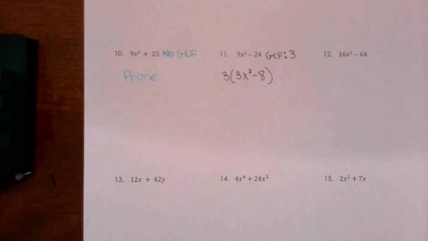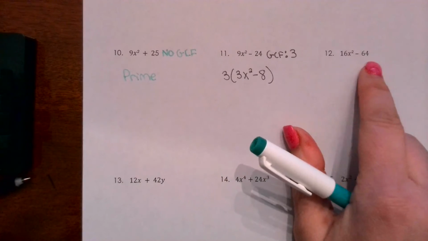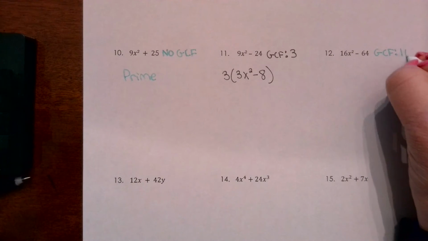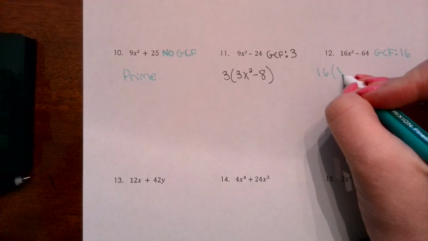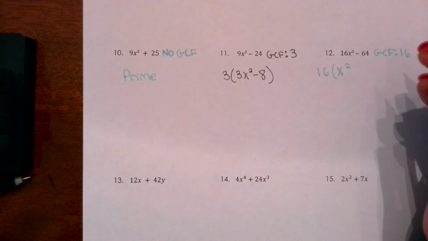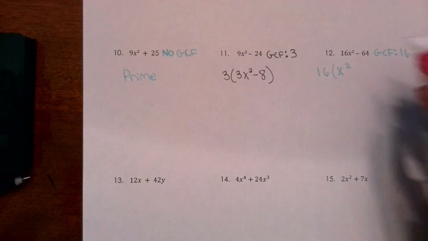Okay, number 12. If I'm looking for a GCF, I actually know 16 goes into 16 and into 64. So my GCF is 16. 16 divided by 16 is 1, so I have x squared, and 64 divided by 16 is 4.